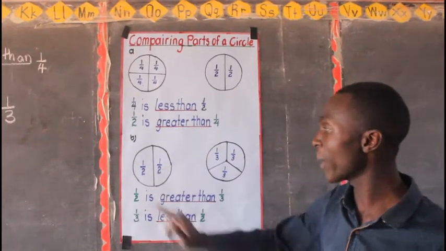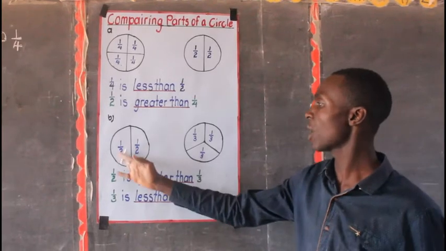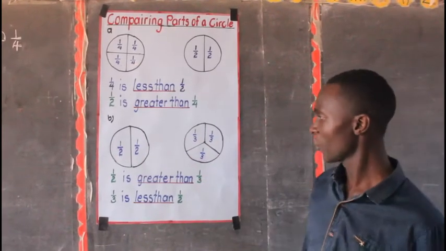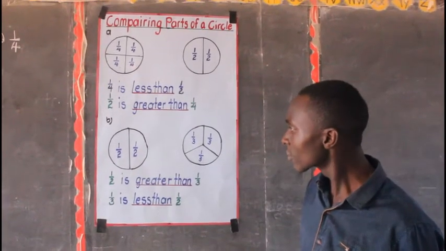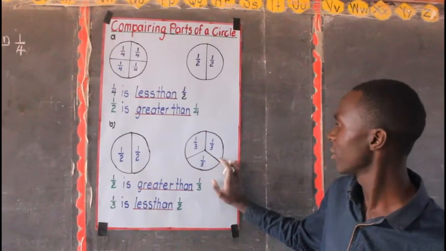We go to our part B, and in part B we are comparing a half, or 1 out of 2, and 1 out of 3. Which is greater than the other? We can see here that 1 out of 2 is a little bigger than 1 out of 3.